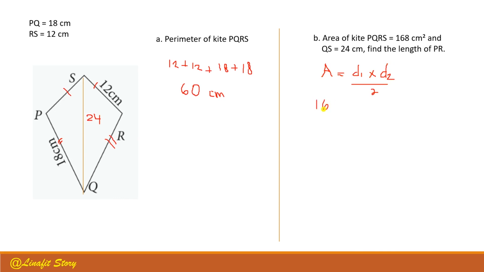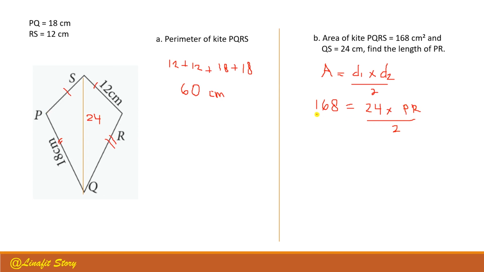The area is 168, is equal to diagonal 1, which is 24, times diagonal 2, which is PR, divided by 2.